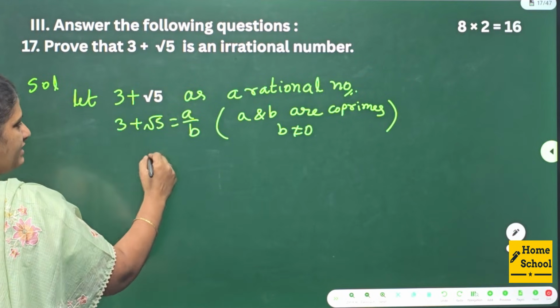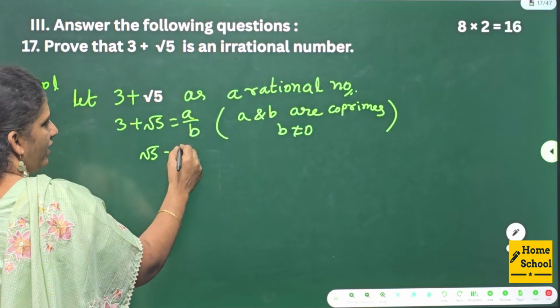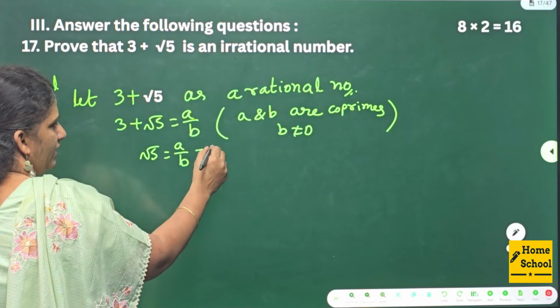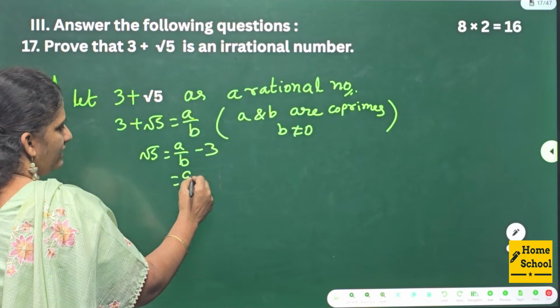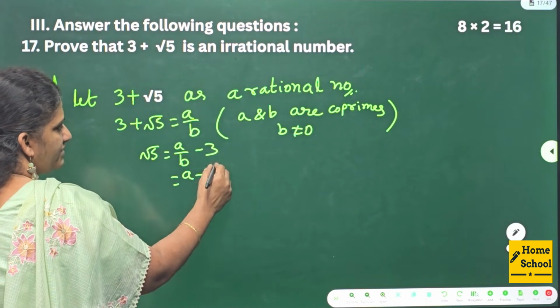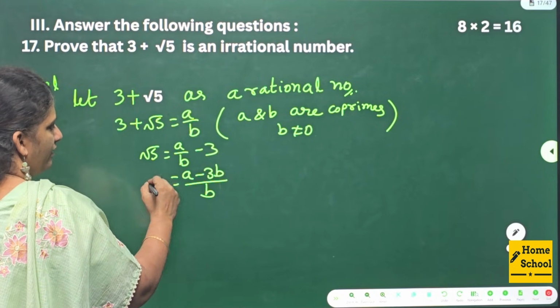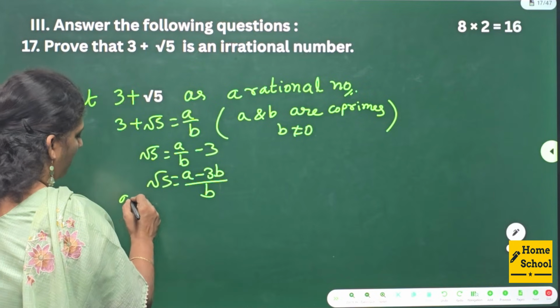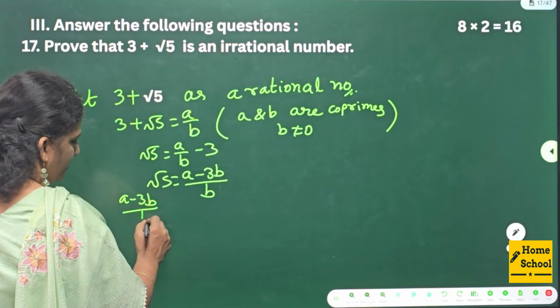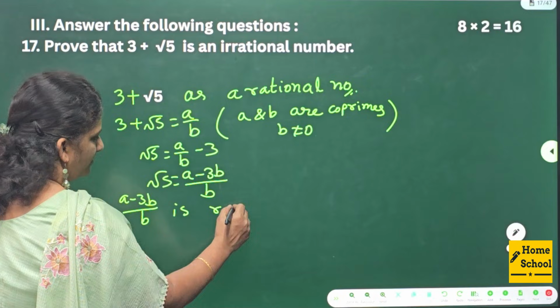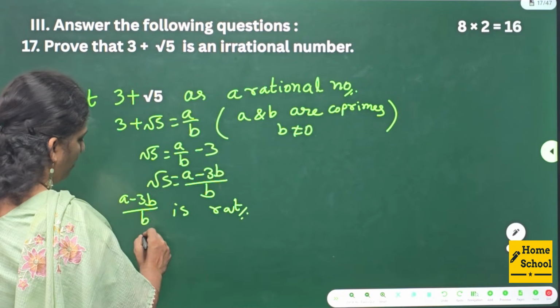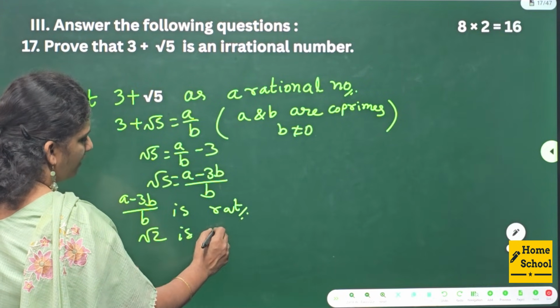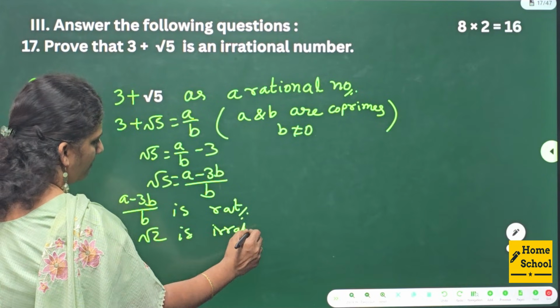Now send this 3 to this side. Root 5 is equal to a by b minus 3. Do LCM, a minus 3b by b. Whereas a minus 3b by b is a rational number, where root 5 is an irrational number.